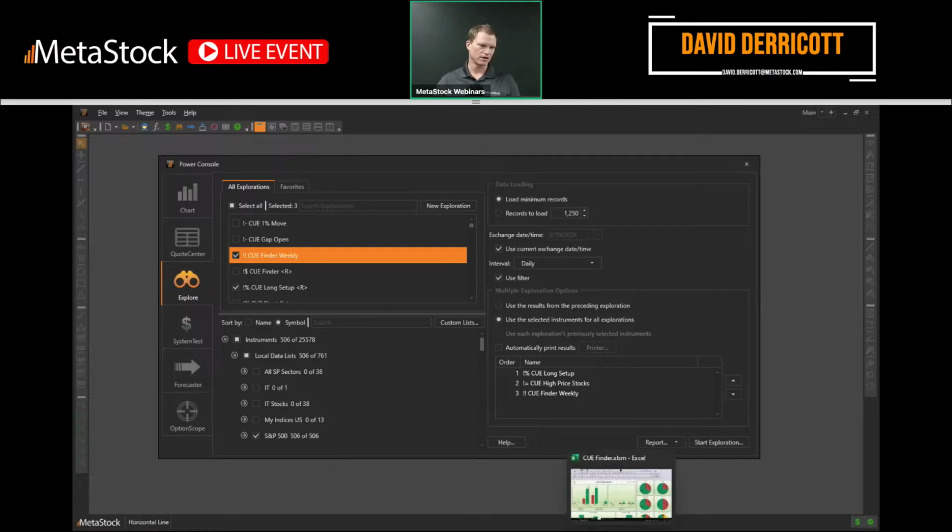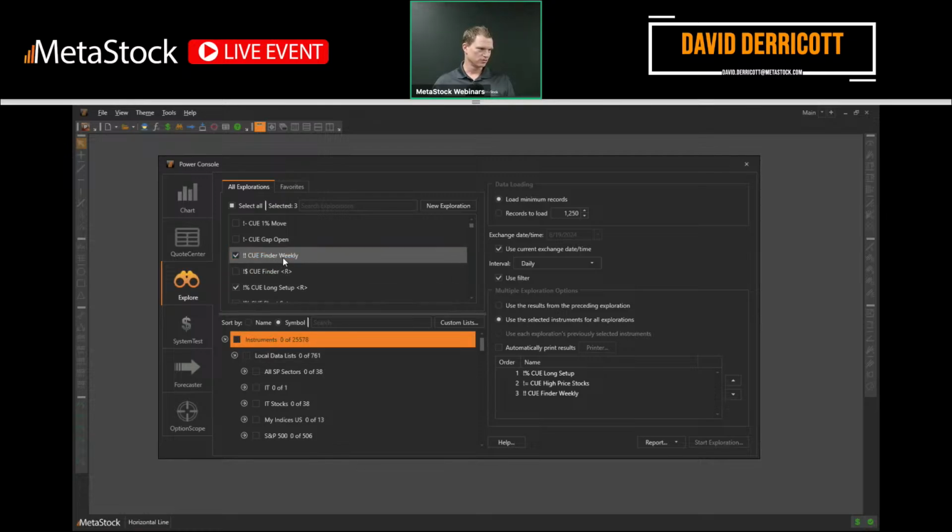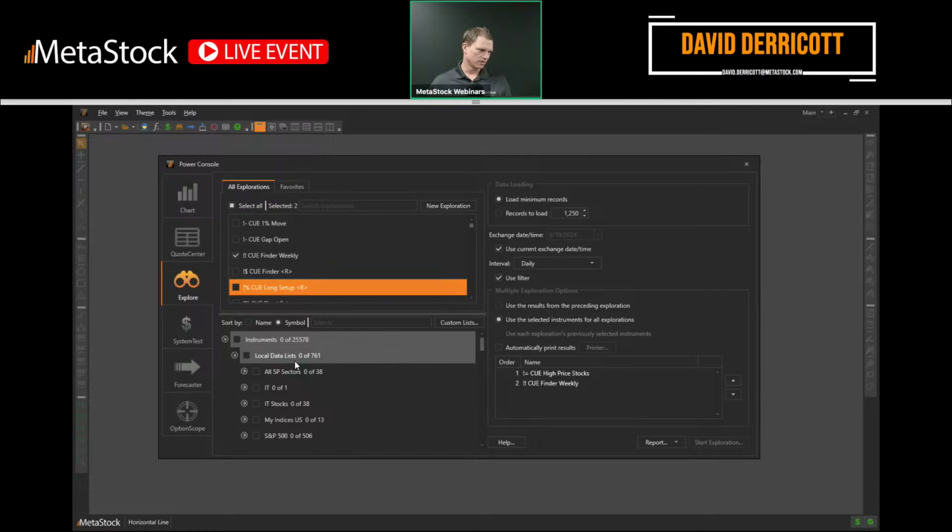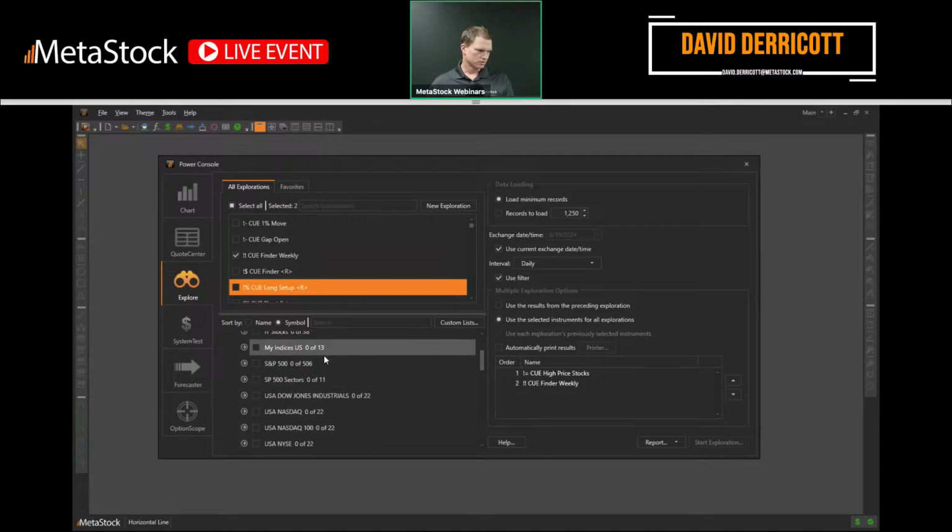So I'm going to show you that real quick, but I'm also going to show you how you can scan to find different opportunities like this. So I'm going to use the Q Finder Weekly. I'm actually not going to do the long setup right now. I'm just going to do one scan, trying to find which one I want to do.